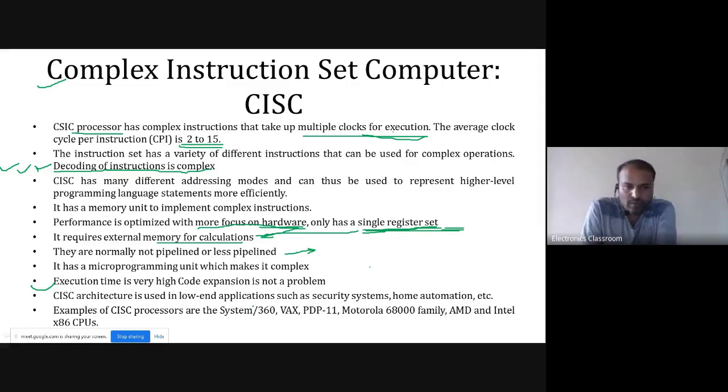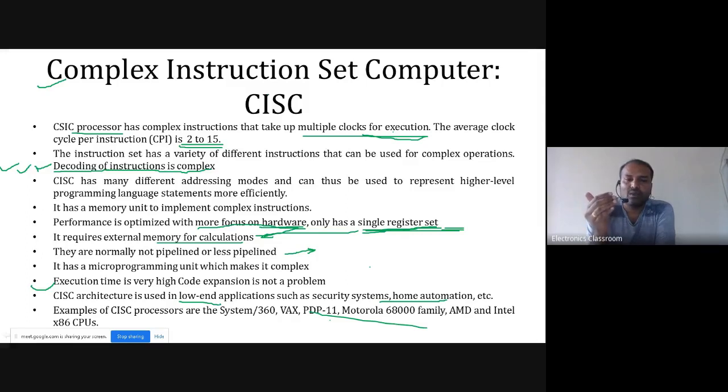Then CISC architectures are used in low-end applications such as security systems or home automation. Right now, this approach is changing. But we can say those systems can be used in low-end applications since the program is not going to be complex.